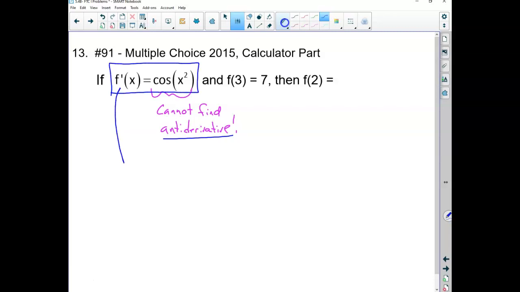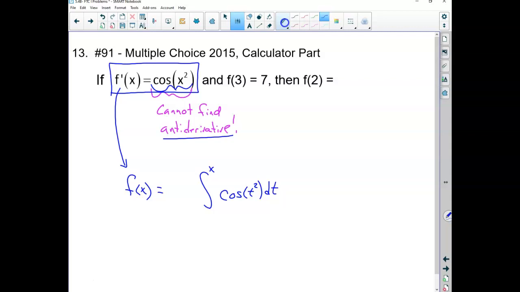If I anti-differentiate f prime of x, I get f of x. I can't find the antiderivative of that, so I'm going to define it as an integral of cosine t squared dt, because it's a derivative. Why?